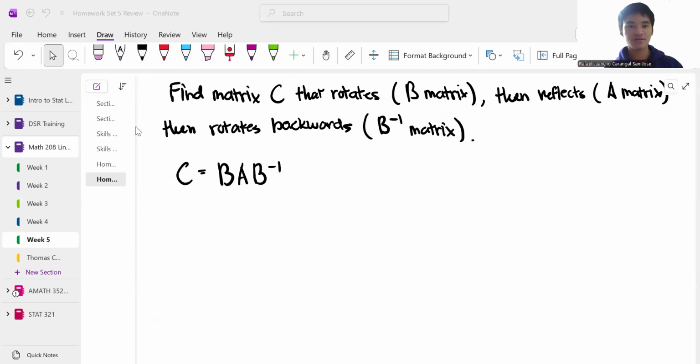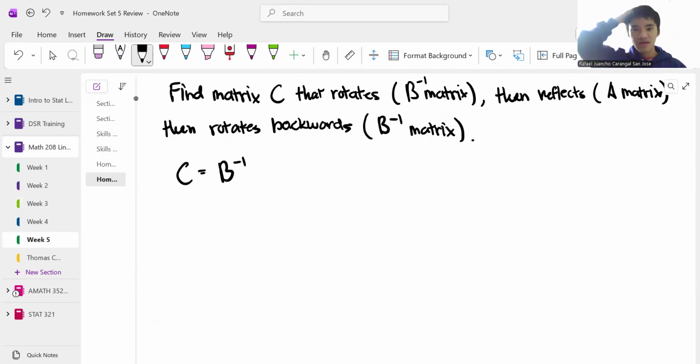So actually, oh, my bad. First, it's going to rotate. So we do the inverse first. And then it's going to reflect as an A. And then we're going to rotate backwards.